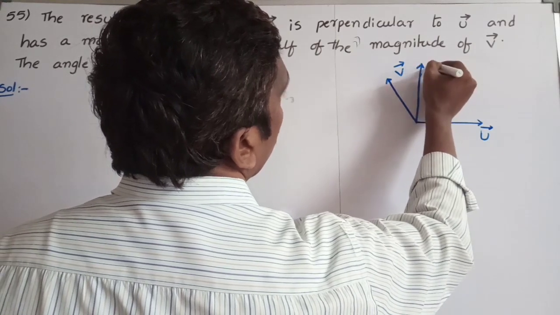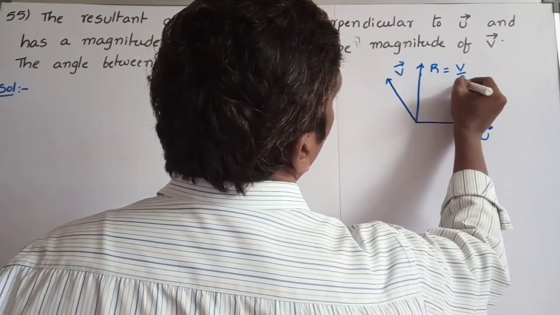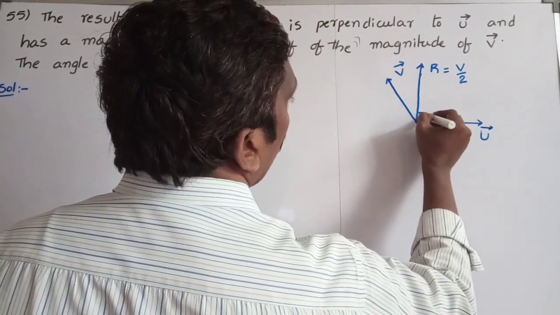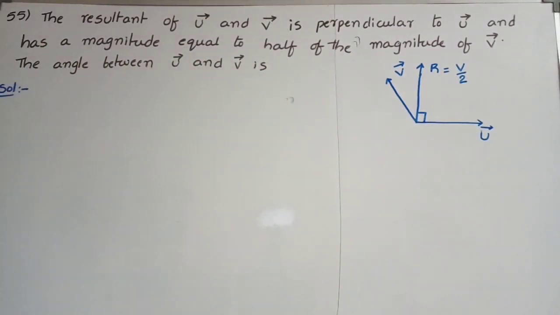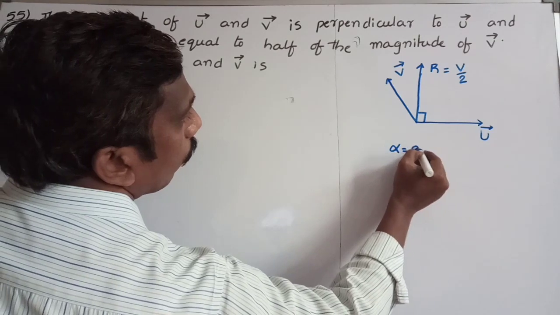Assume this is the resultant R bar, its magnitude is equal to half of the magnitude of V. Here the angle is 90 degrees, and we have to calculate the angle between U bar and V bar. The given alpha is equal to 90 degrees.